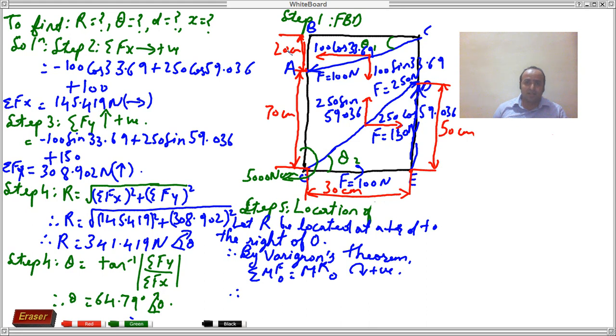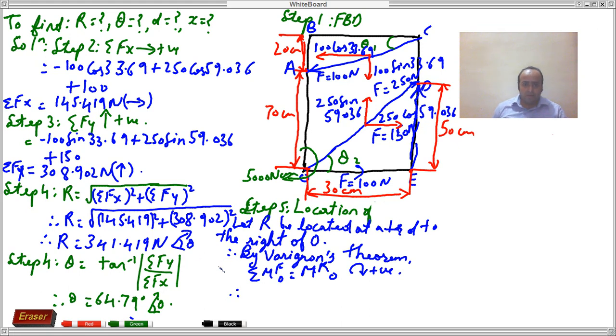Now 100 sin 33.69, it is actually acting over here, won't be considered. This entire force of 250 Newton won't be considered. 100 Newton won't be considered. The forces that are going to get considered only here are 100 cos of 33.69 as well as 150 Newton. That's it.